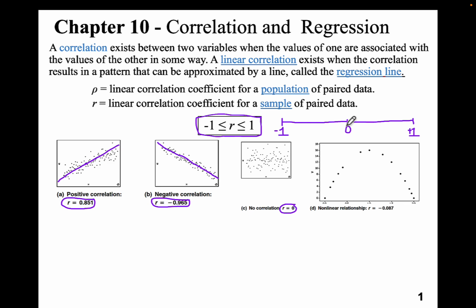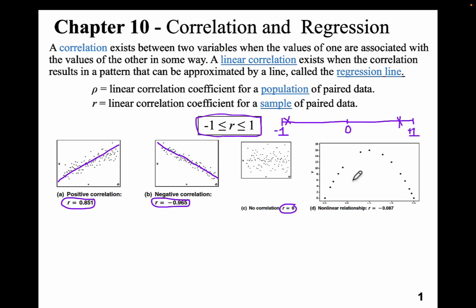The weakest correlation, or what we would call no correlation, would be at 0. And then, of course, there's everything in between. For example, here, our 0.851 was approximately here. Our -0.965 was approximately here. So you can see the closer it gets to 1 or -1, the stronger the correlation. Hovering around 0, no correlation.